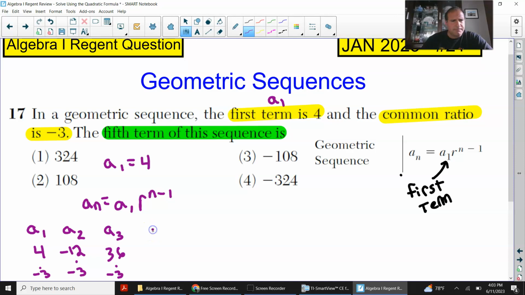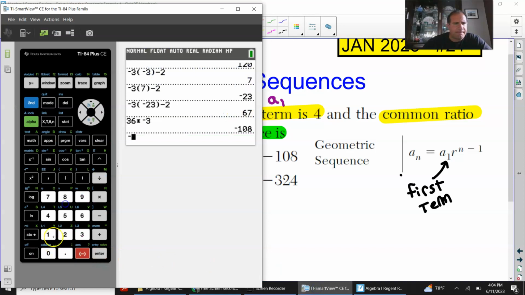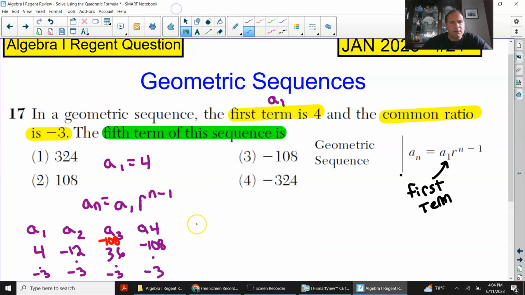So this a sub 3 is negative 108. And then let's see the a sub 4. Negative 108 times negative 3 is 324.